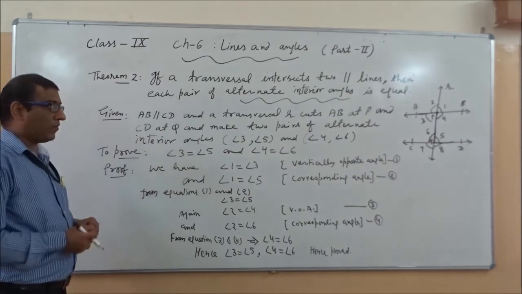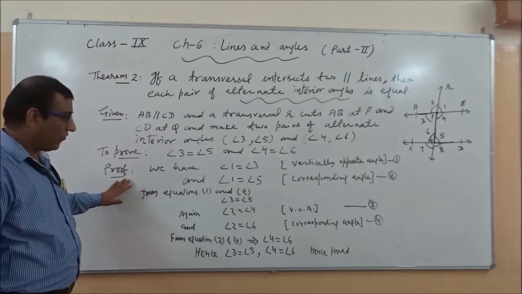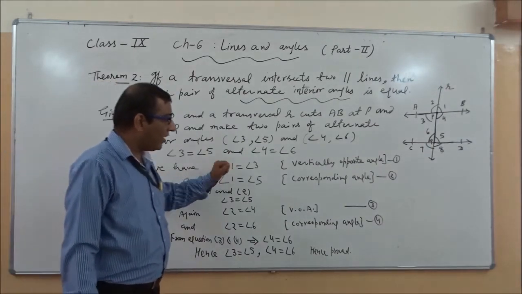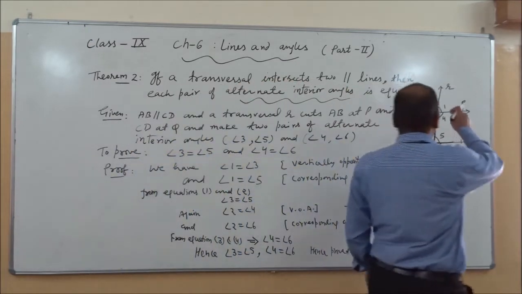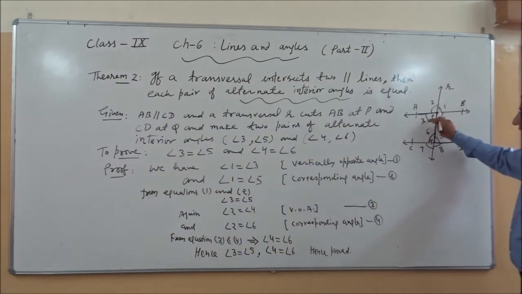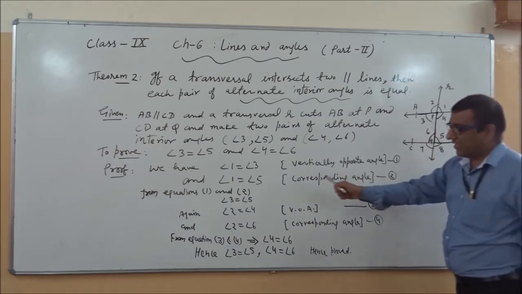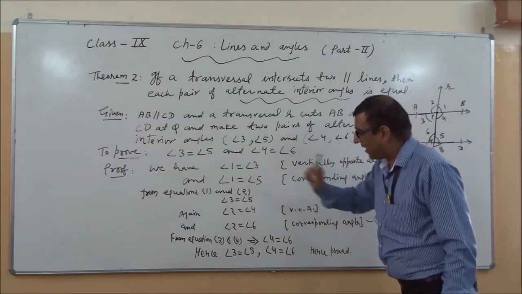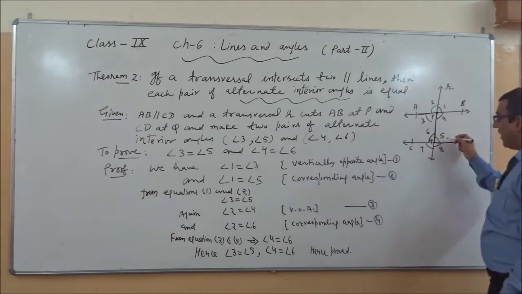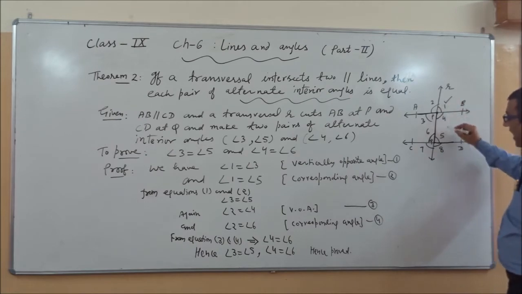So how can we say this? This is the proof part. We have angle 1 equals angle 3. If you see, angle 1 and angle 3 are both vertically opposite angles, and we denote this by equation first. Then in the second step, angle 1 is equal to angle 5. Here we are taking angle 1 and angle 5.